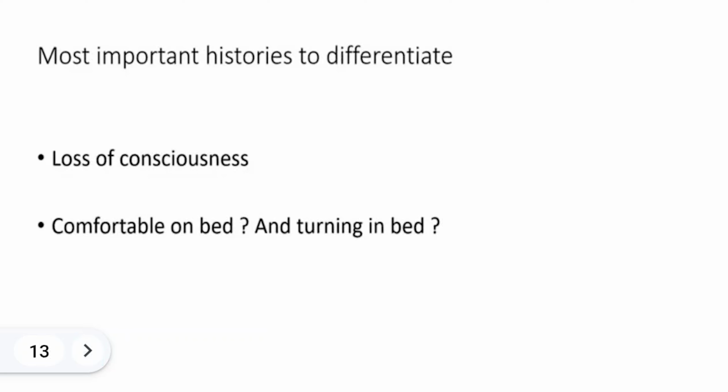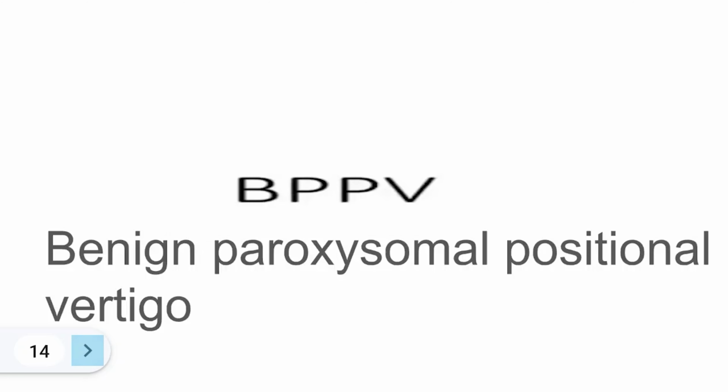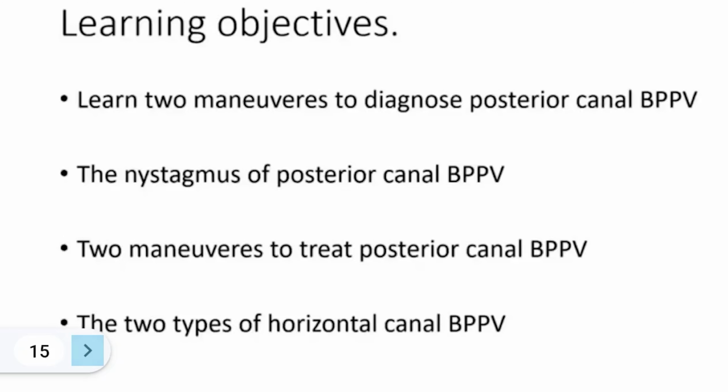Patients with gait disorders or systemic disorders generally lie very comfortably in bed. Patients with true vertigo disorders generally complain of exacerbation of symptoms while lying on the bed or by turning on the bed. Among true vestibular disorders, I want to discuss BPPV today.